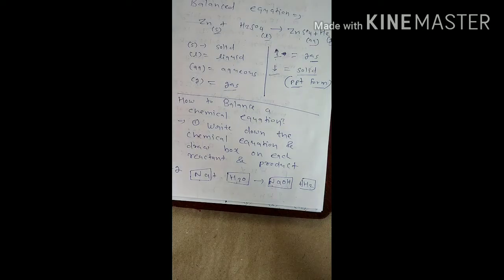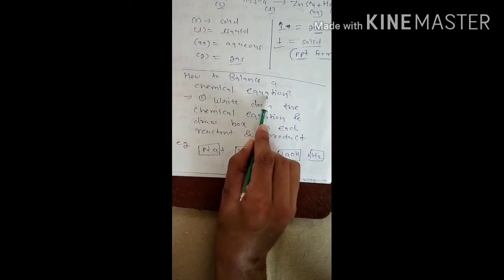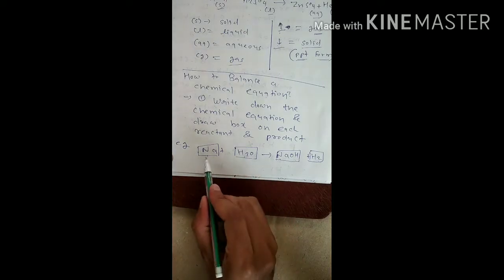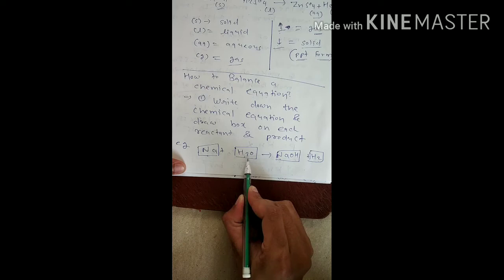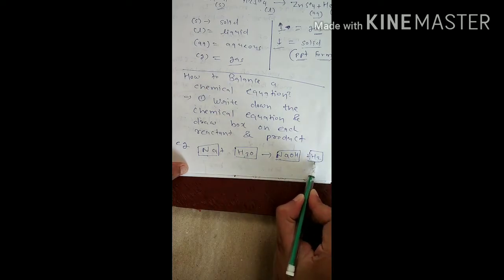Now how to write a chemical equation that is balanced? For that a few steps are there. Suppose I am taking a reaction. The reaction is like this: when sodium element reacts with water, it gives sodium hydroxide plus hydrogen gas.